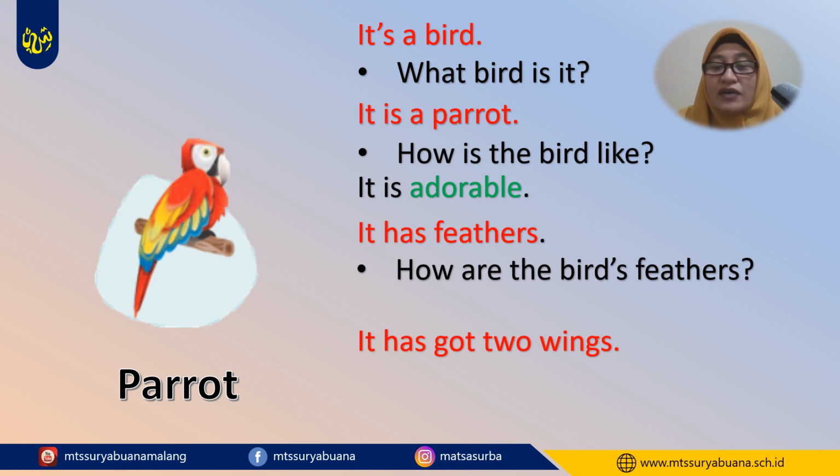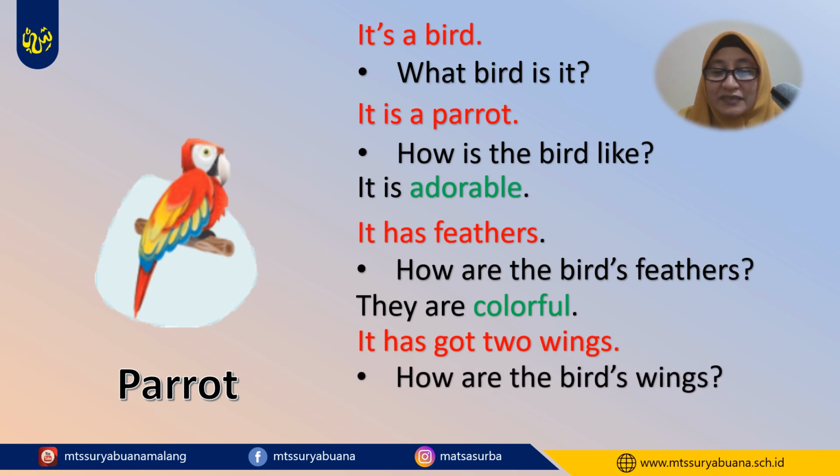Now talking about the feathers. How are the bird's feathers? They are colorful. Now talking about the wings. How are the bird's wings? They are strong. So look at this, how and how.